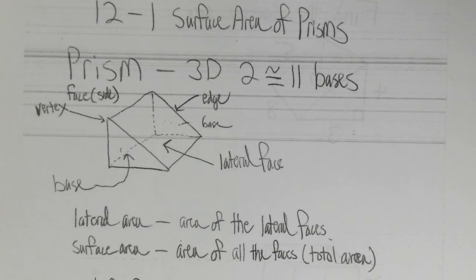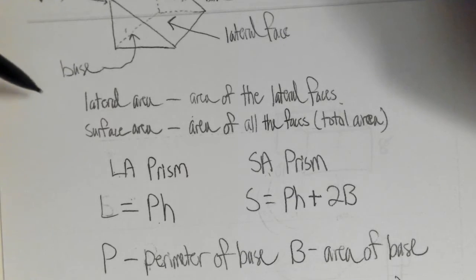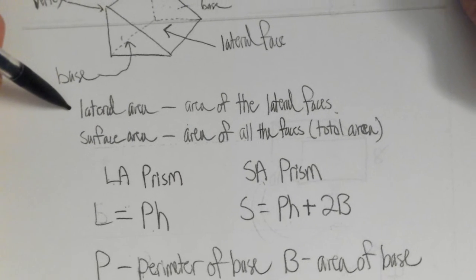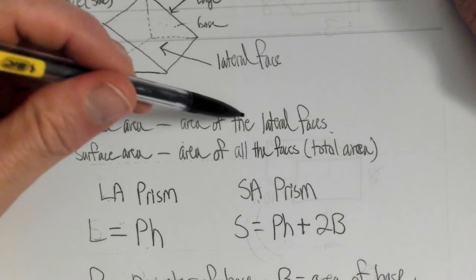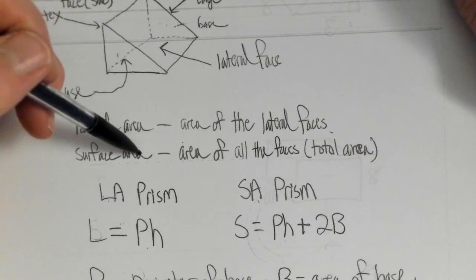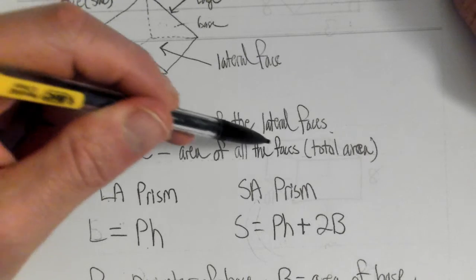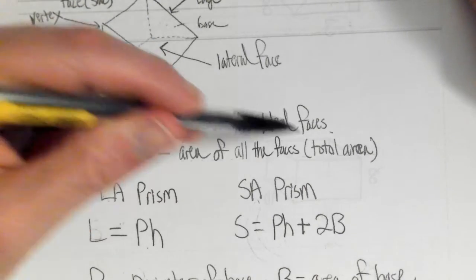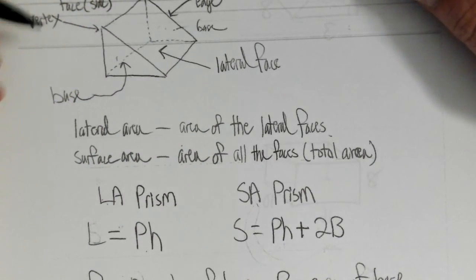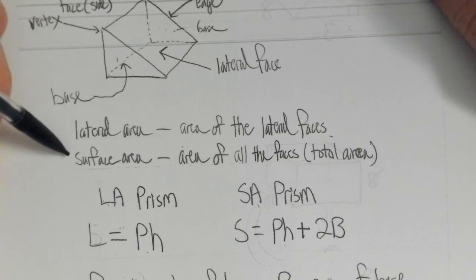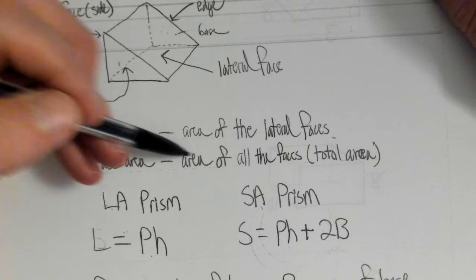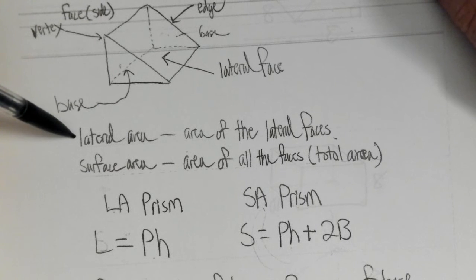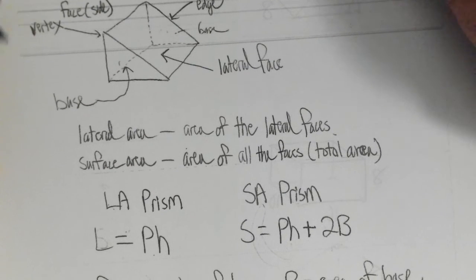Okay, so now you've got two types of areas when you're looking at a 3D figure. It's the lateral area, which is the area of the lateral faces, and the surface area, which is the area of all the faces, sometimes referred to as the total area. So you've got to understand the difference between the lateral faces and the bases in order to calculate lateral area or surface area correctly.